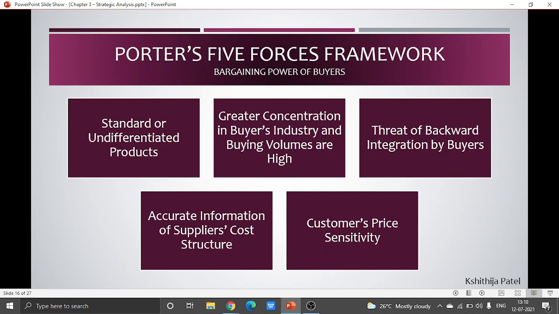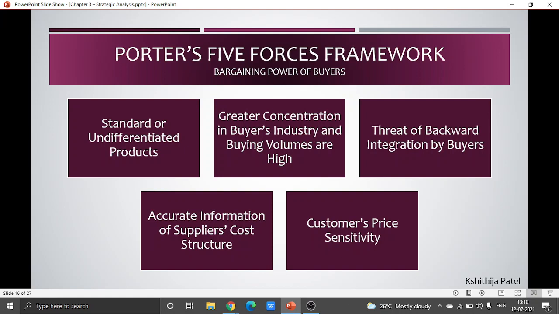On the other hand, low buyer bargaining power enables a supplier to pass the price increase to the buyer or make the buyer accept products and services of low quality at a higher price.